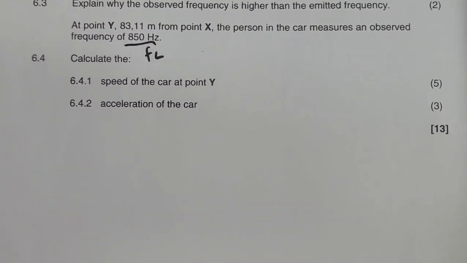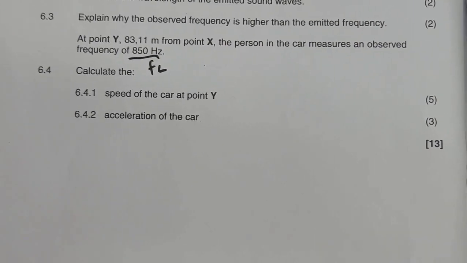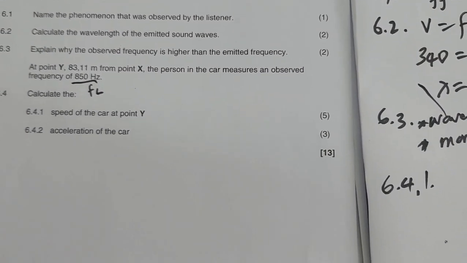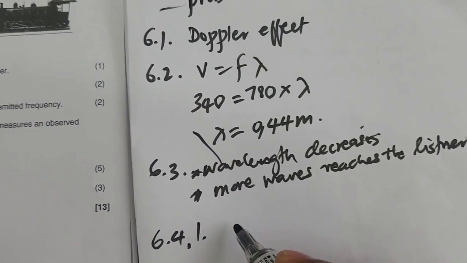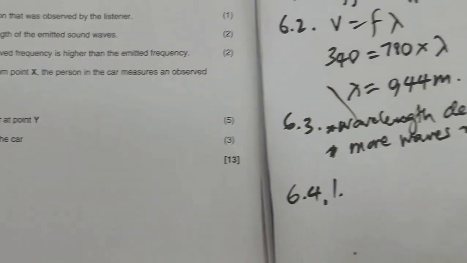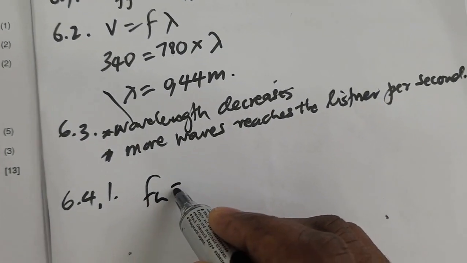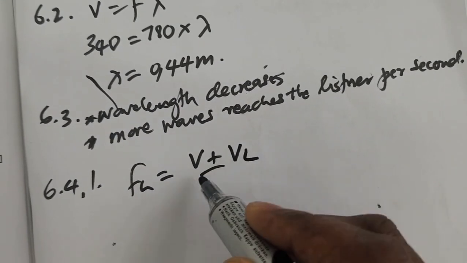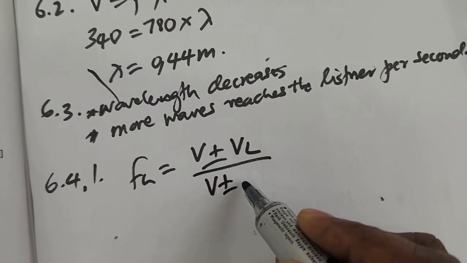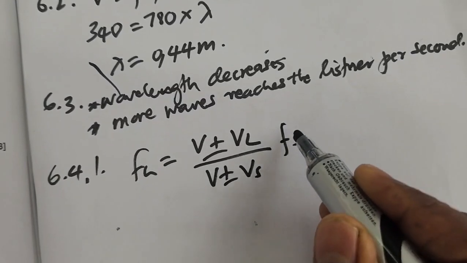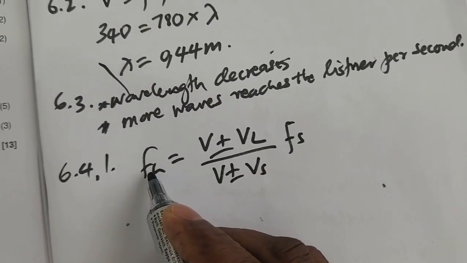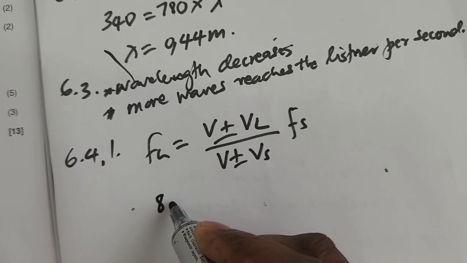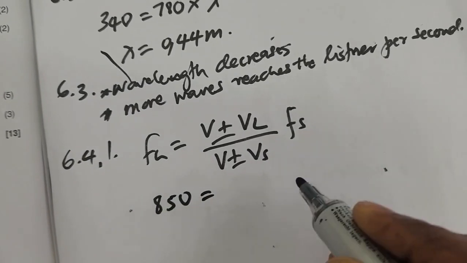Therefore, they say calculate, number one, the speed of the car, the VL. Then we write the Doppler equation. This is 5 marks. So the Doppler equation will be used. FL equals V plus or minus VL divided by V plus or minus VS multiplied by FS. Therefore, FL is given as 850 according to the statement.